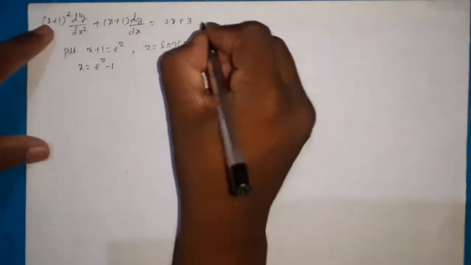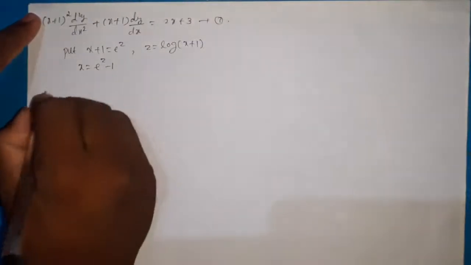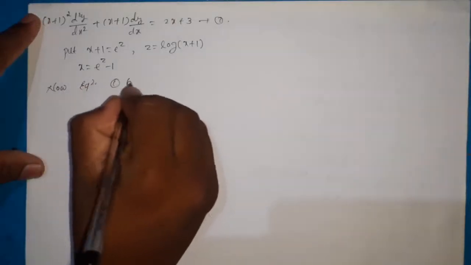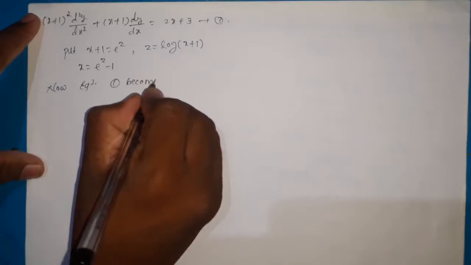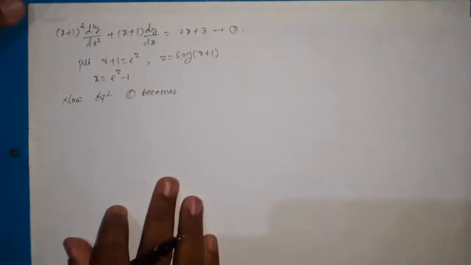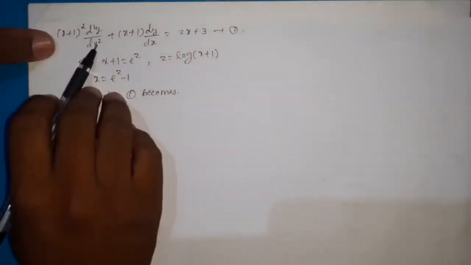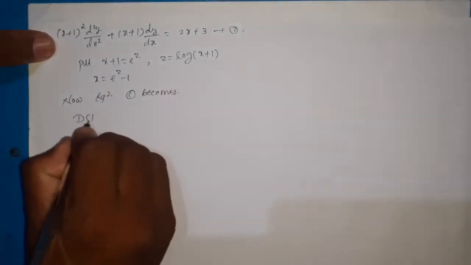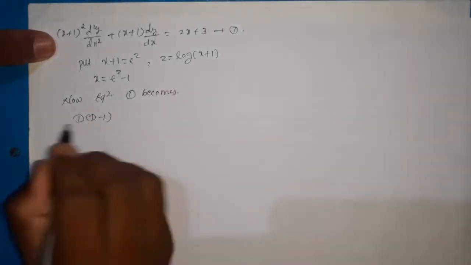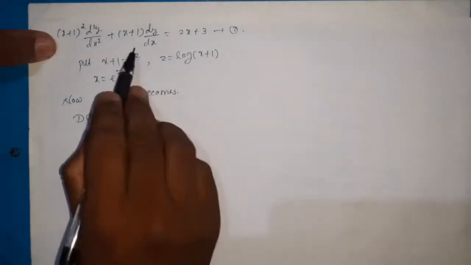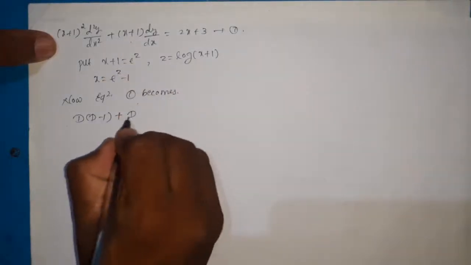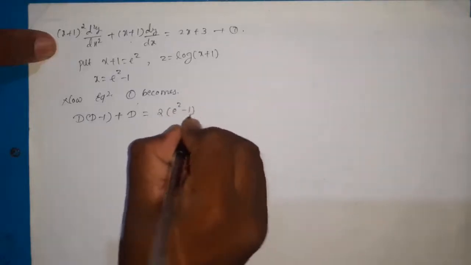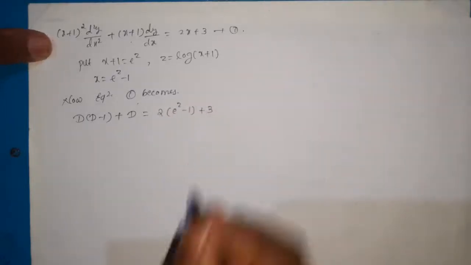So now this is first equation. Now equation 1 becomes, so x plus 1 whole square d square by dx square, that is b square into d minus 1, b square is 1 plus, here it is d only, then it's 2 into e power z minus 1 plus 3.